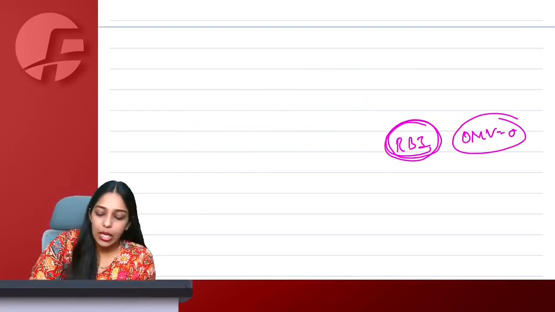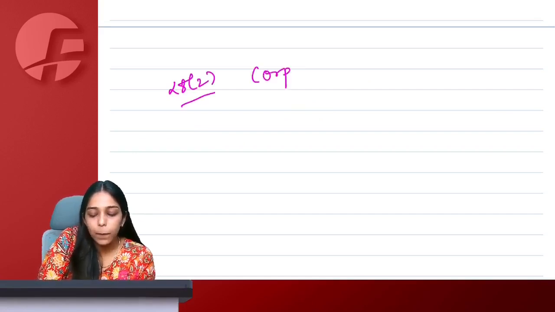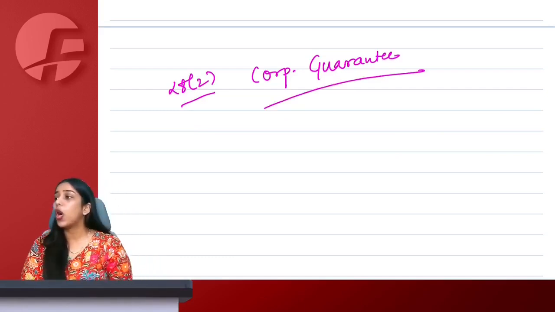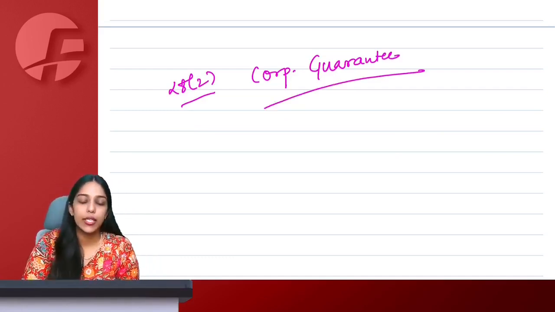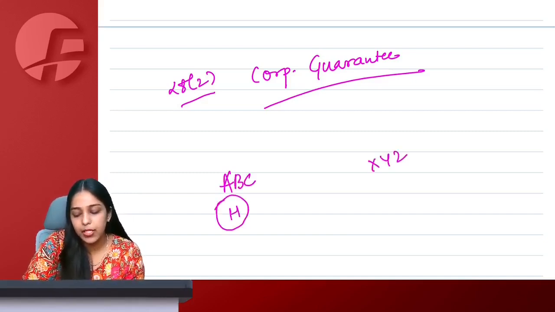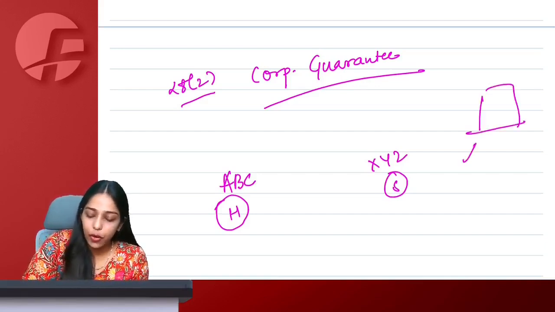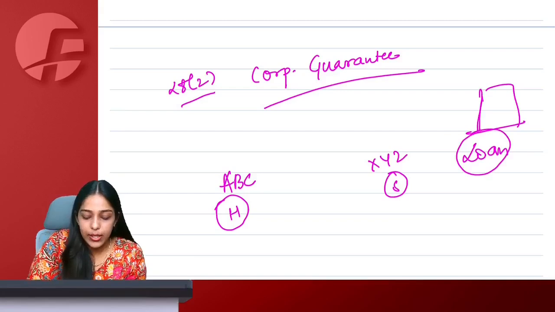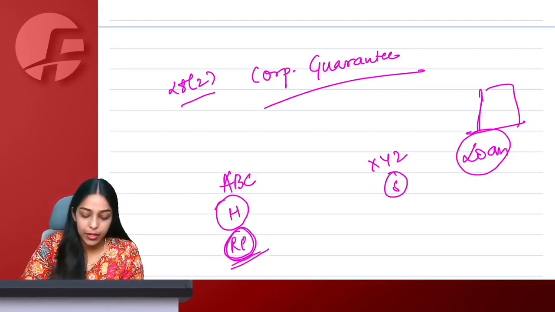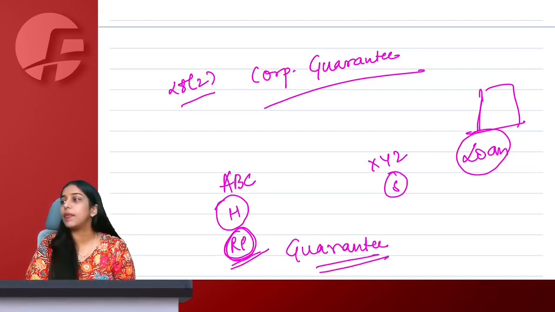Got it, ma'am? Now what we are talking about in Rule 28 Sub Rule 2 is with respect to corporate guarantees. So let us say company ABC is the holding company of company XYZ, being a subsidiary company. Company XYZ wants to take a loan from the bank, and therefore this related person ABC Limited is giving a corporate guarantee on behalf of XYZ Limited to the bank.